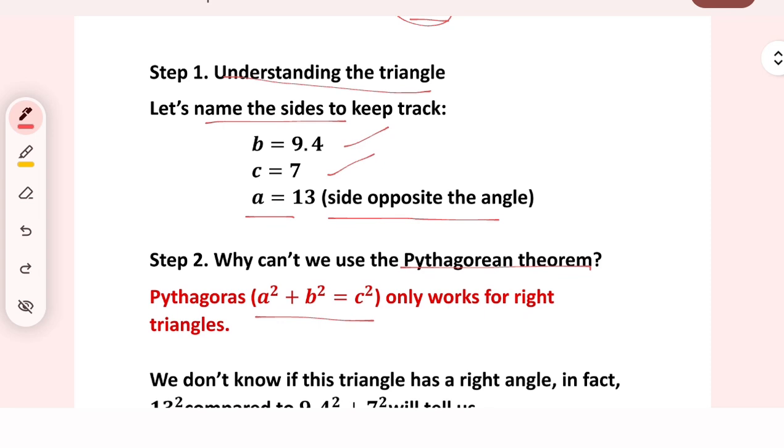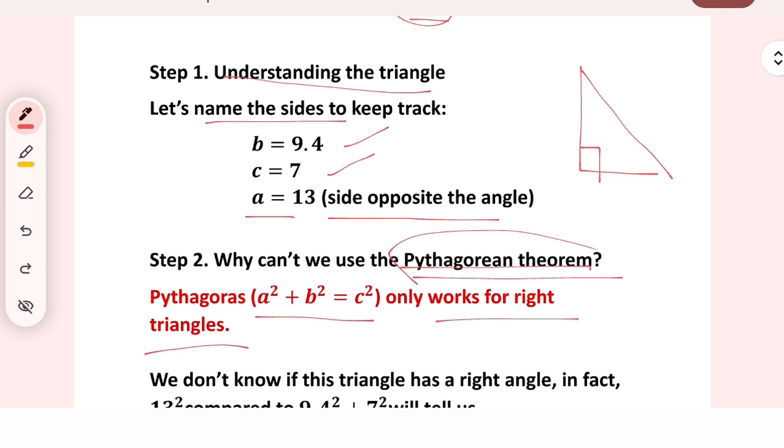The answer is because the Pythagorean theorem only works for right triangles, or a triangle that has 90 degrees as one of the angles. So if one of the angles of a triangle is 90 degrees, or it is a right angle, then you can use the Pythagorean theorem.